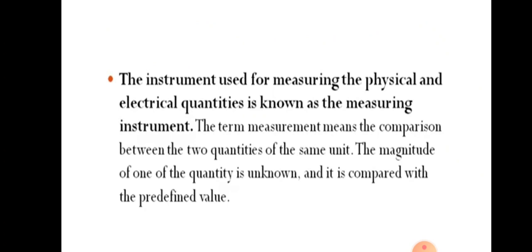Okay, so before going towards the classification of measuring instruments, let us again have an overview of what a measuring instrument is. The instrument used for measuring physical and electrical quantities is known as a measuring instrument.